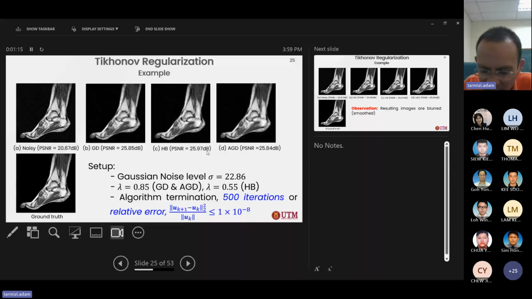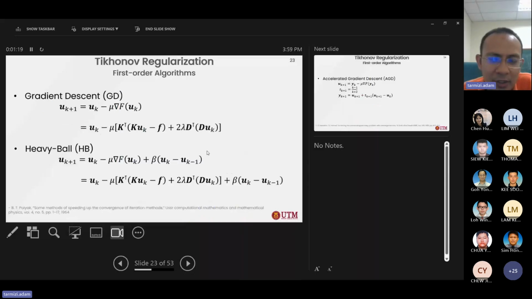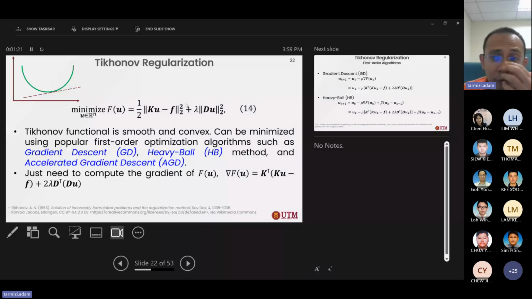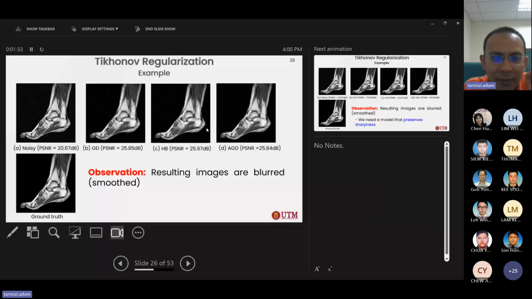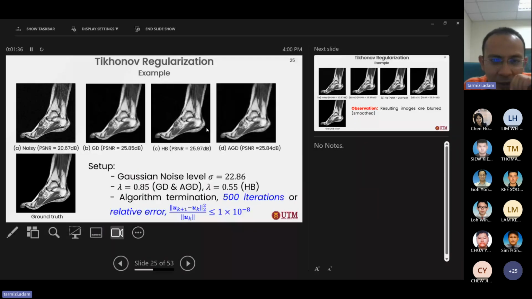For those who are familiar with signal processing, this model is actually Wiener filtering. Those who know about Wiener filtering for images, it's going to be blurred. Even if you use some other methods, like you said just now, the results in terms of PSNR, the quality, is going to be the same. Probably just the convergence time and the number of iterations is going to be improved. That's what I can comment about.